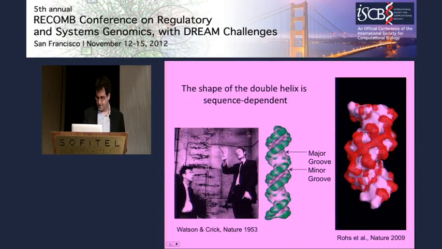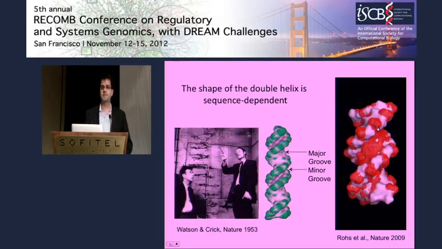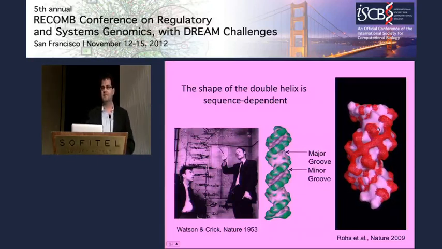When the groove is narrow, this red mesh extends further outward from the groove, and when the groove is wide, it recedes. And transcription factors very often use arginines, which are positively charged residues. DNA is negatively charged. So these variations are very important for achieving specificity.